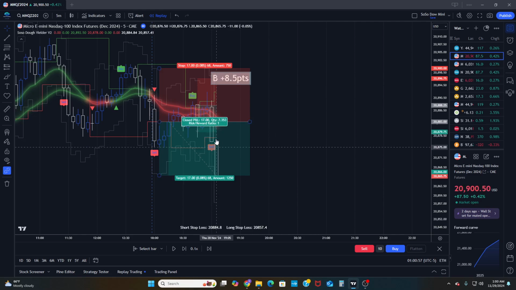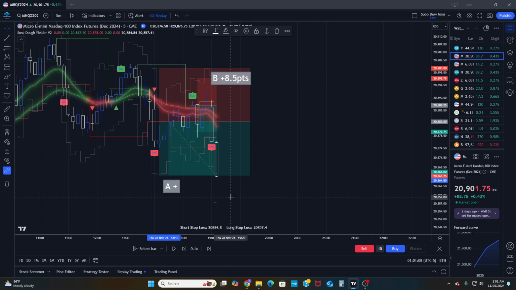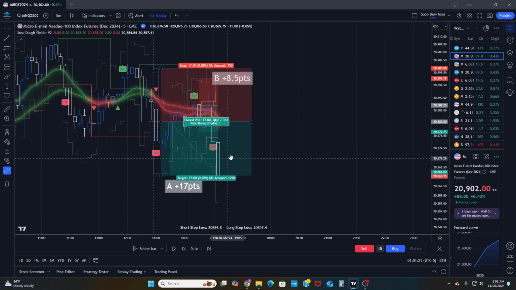All right, so there is our A trade that was successful. So that was plus 17 points. Okay, now here we also have a break of a level, and this one was just successful.